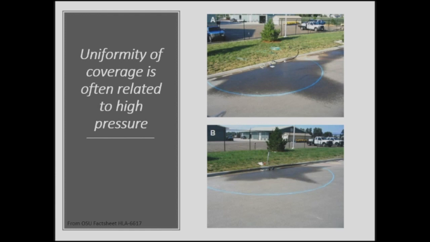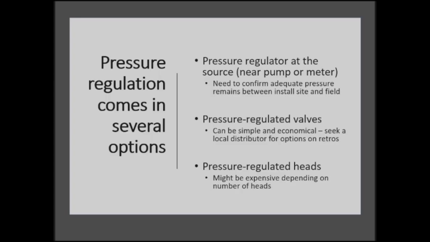There are pressure regulating options out there. This one's maybe a little bit easier to solve, but you have some options. Do you want to put a regulator on the whole system? Well, you can do that, but you need to keep in mind that the distance between that point and your field isn't going to cause an issue, because we're going to start losing pressure as we get away from that point.